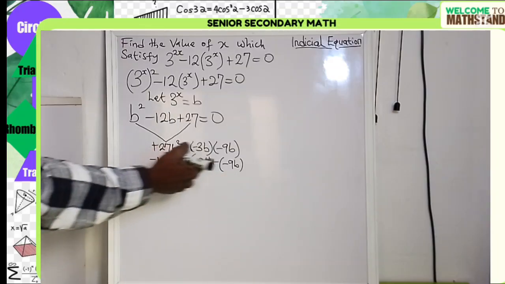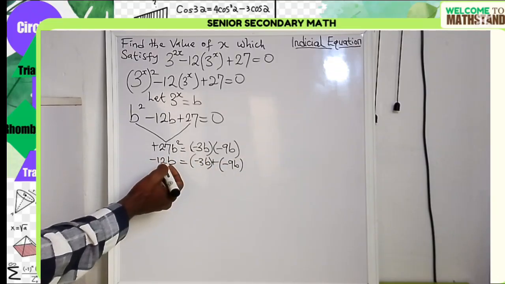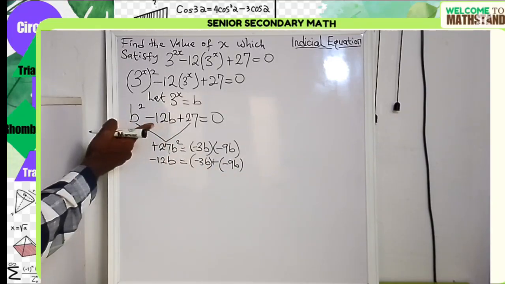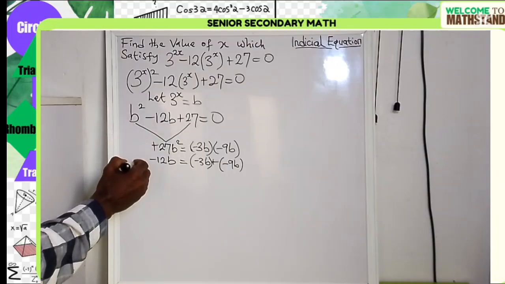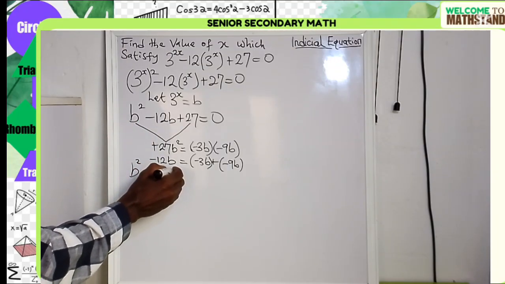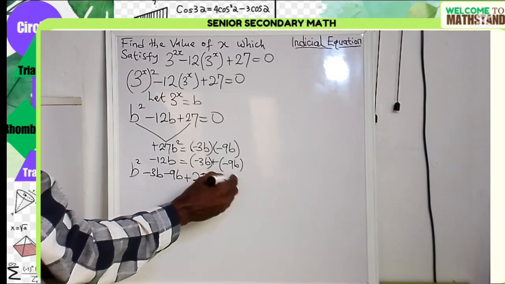These are the values that can be used in place of minus 12b. So we have minus 3b minus 9b, then plus 27 equals 0.